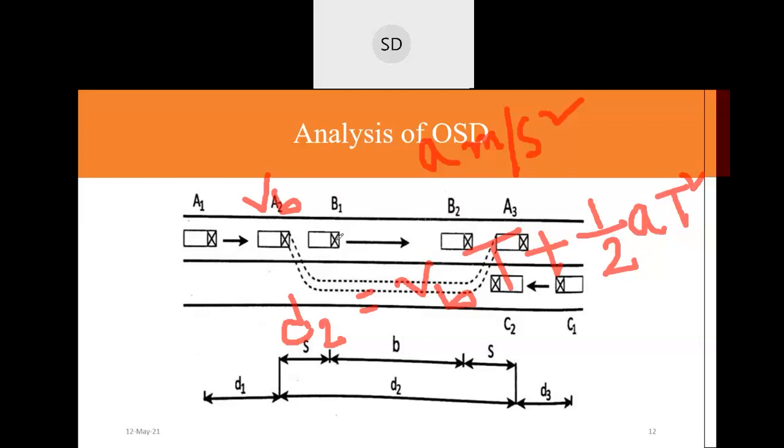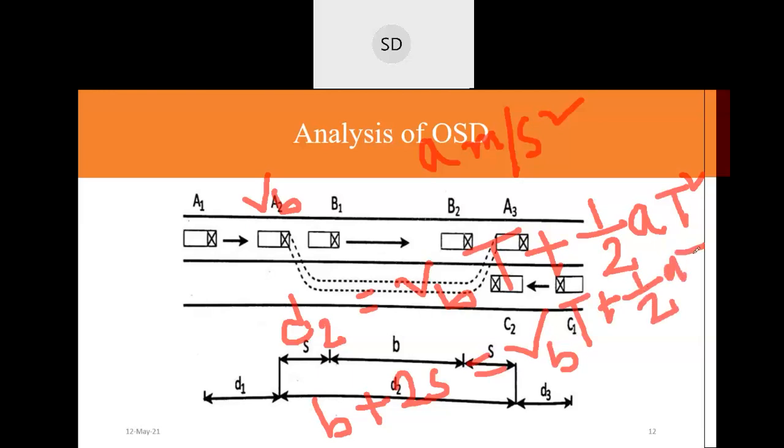So D2 is nothing but VBt plus half at square. Again, you know that D2 is nothing but B plus 2S. So B plus 2S equals VB into t plus half a t square.